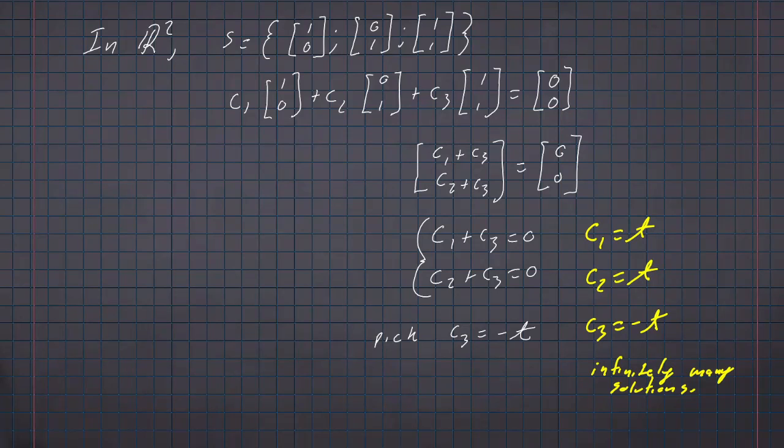One of the interesting things about this particular problem is that it turns out any pair of two of the three vectors in this particular set would have been linearly independent.